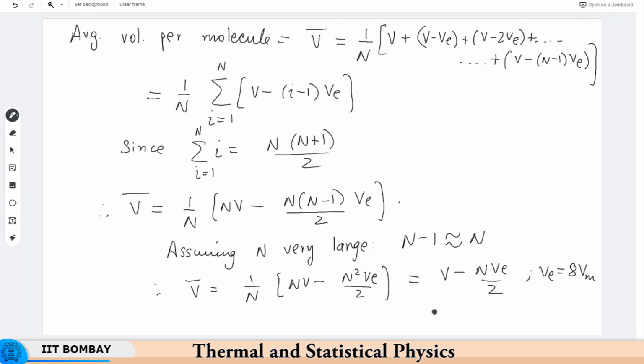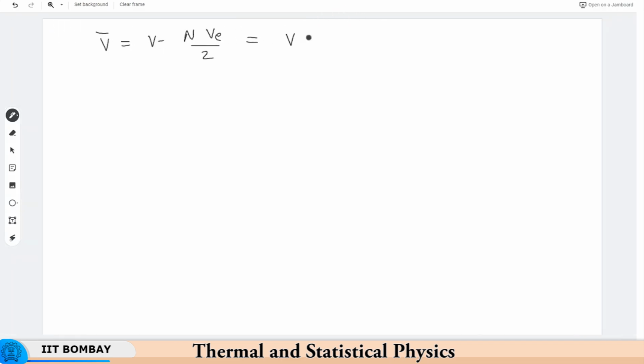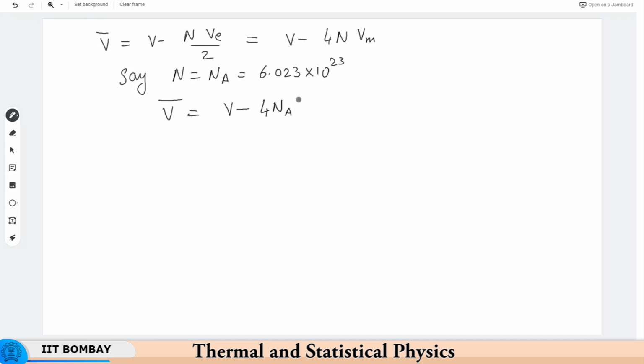So that's what I wrote here, and this becomes V minus 4 times N Vm, right? So let us assume we started with 1 mole of gas, say N equals Na, which is Avogadro's number, 6.023 times 10 raised to power 23, in which case we can write V equals V minus 4 times Na times Vm.